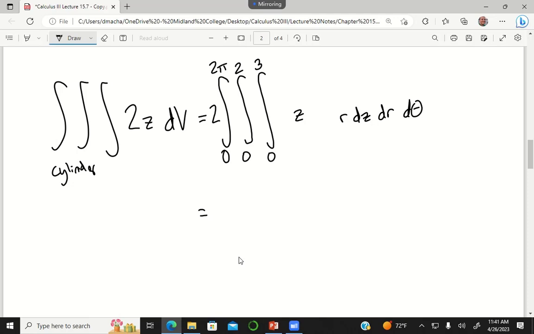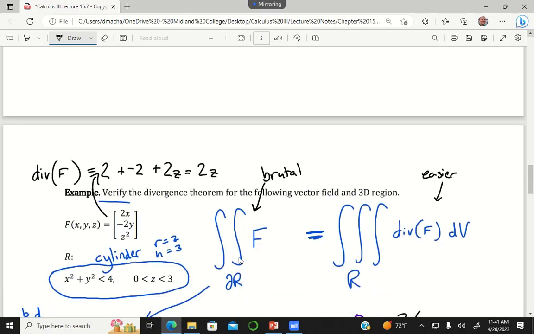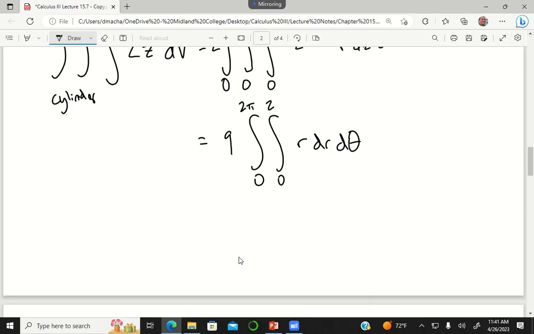And I'm also going to plug in 3 for the upper bound, so 3 squared is 9. And 9's a constant, so this is going to be 9 times the definite integral from 0 to 2 pi of the definite integral 0 to 2 of r d theta. Okay? So the antiderivative of r is going to be r squared over 2. So right, 9 over 2.